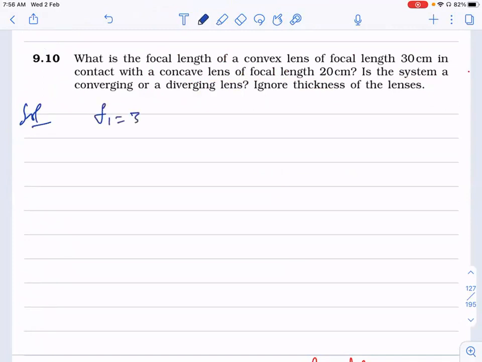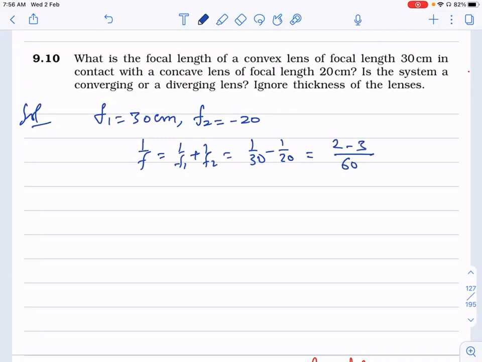f1 is 30 है ना, f2 कितना? -20. Yeah, so 1 by f is equal to 1 by f1 plus 1 by f2. 60 is the LCM, 2 minus 3, so minus 1 by 60.